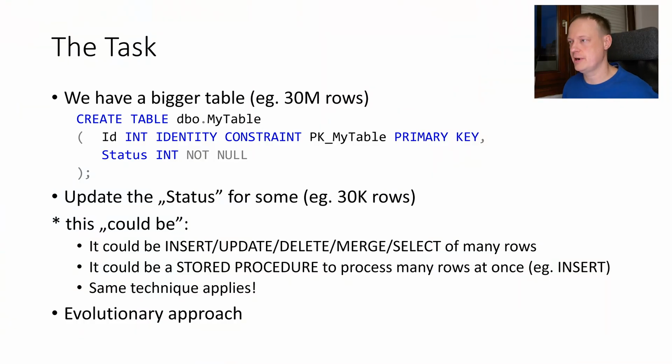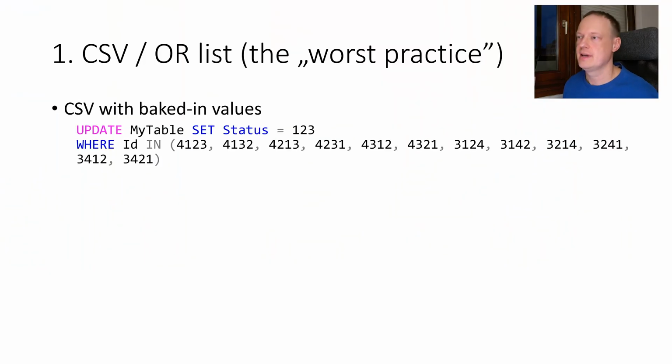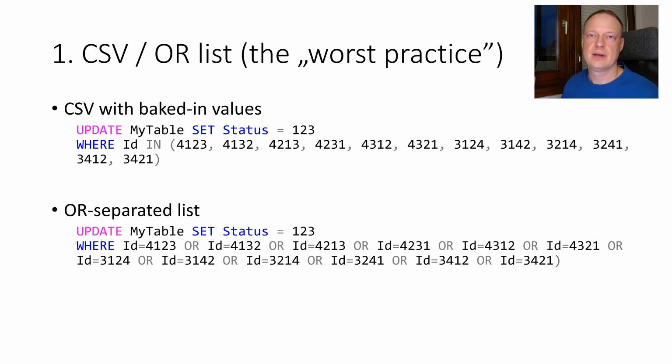So bear with me. The first and worst practice is to build a comma-separated list of values and send that to SQL. It looks like this: update my table set status equals 123 where ID in, and you build this comma-separated list with baked-in values. Dynamically you build it. Or you can use another variation of the same, which is an OR list.